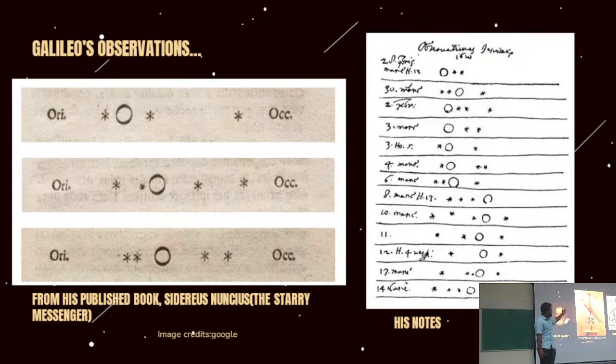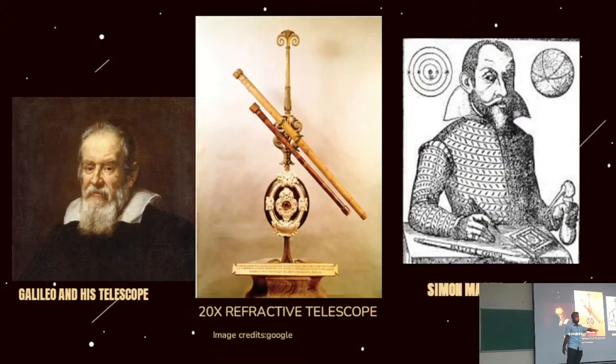At the same time, you might not know this person. It is Simon Marius, a German astronomer.